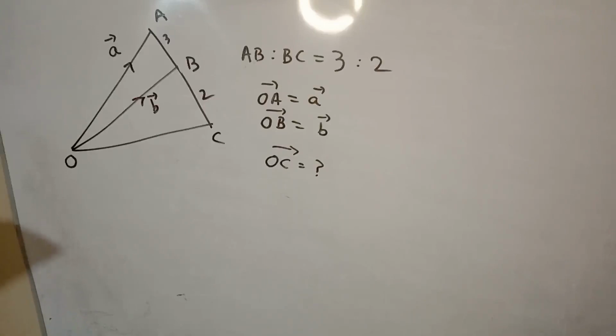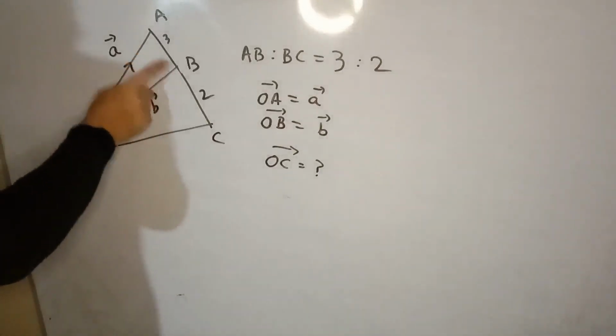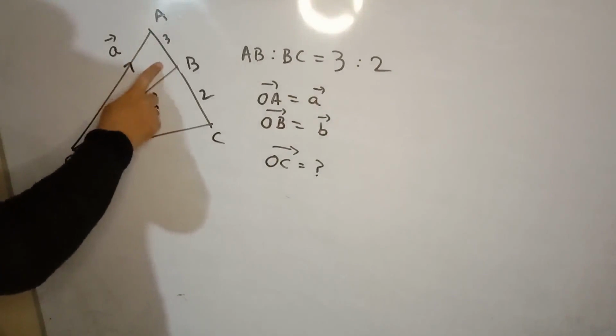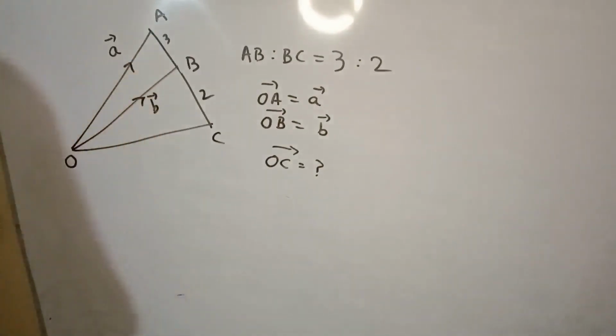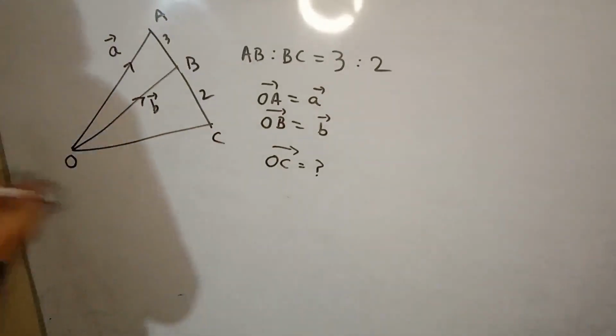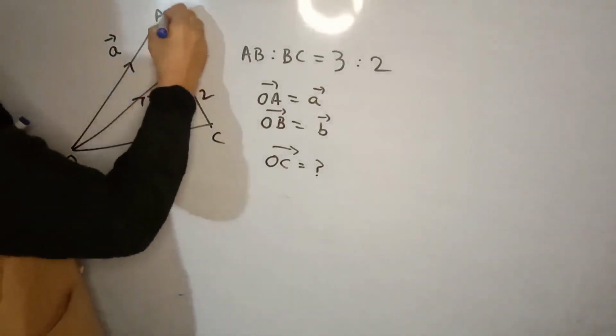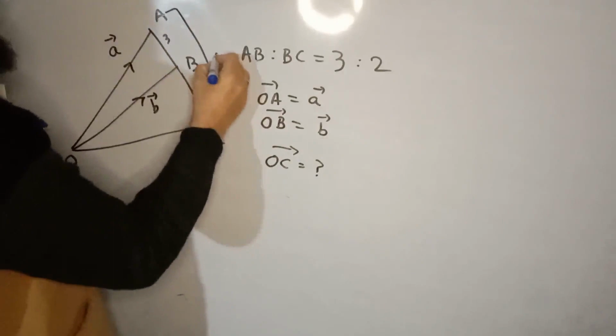But B divides AC in the ratio of 3:2. This implies that AB over AC, this is 3:2, so this whole is 5.